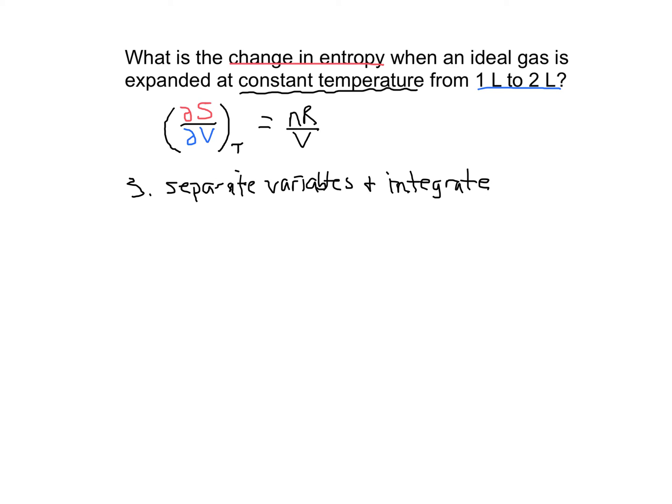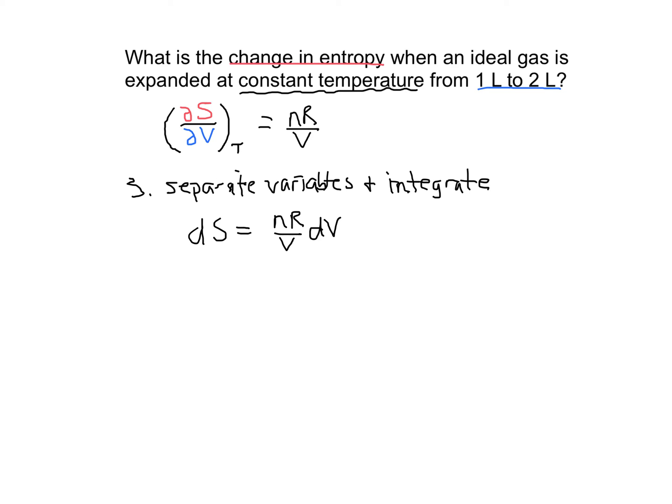So I need to get all of my volume terms on one side, and I can write dS is equal to nR over V dV.